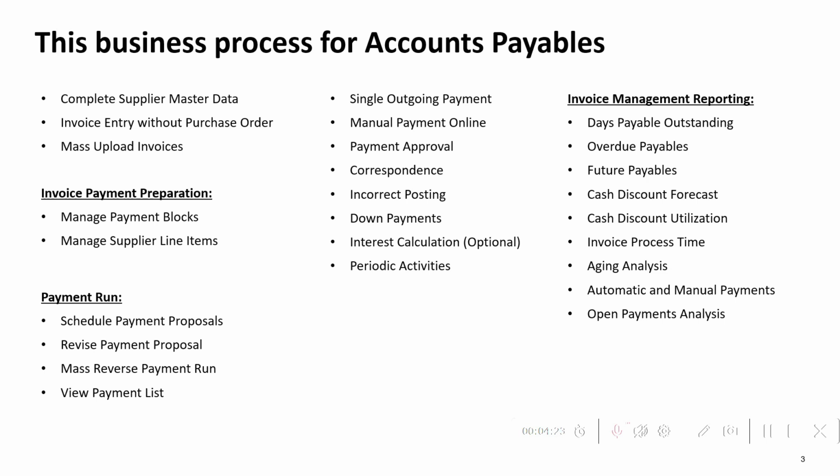Then invoice management reporting: days payable outstanding, overdue payables, future payables, cash discount forecast, cash discount utilization, invoice process time, aging analysis, automatic and manual payment, open payment analysis. These are all the different payment processes available in the system.